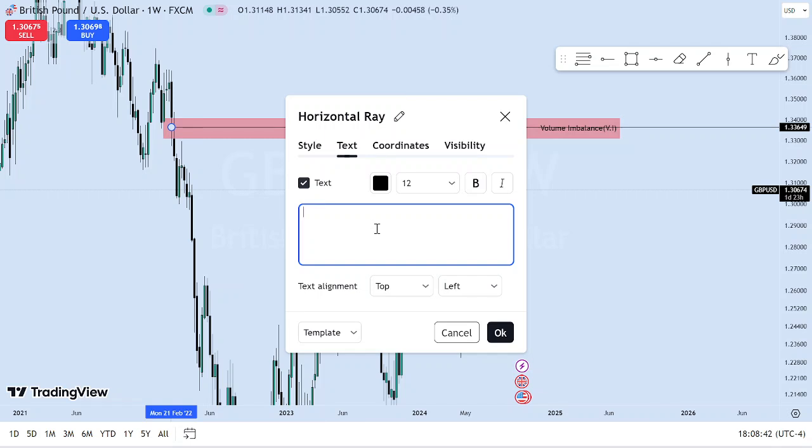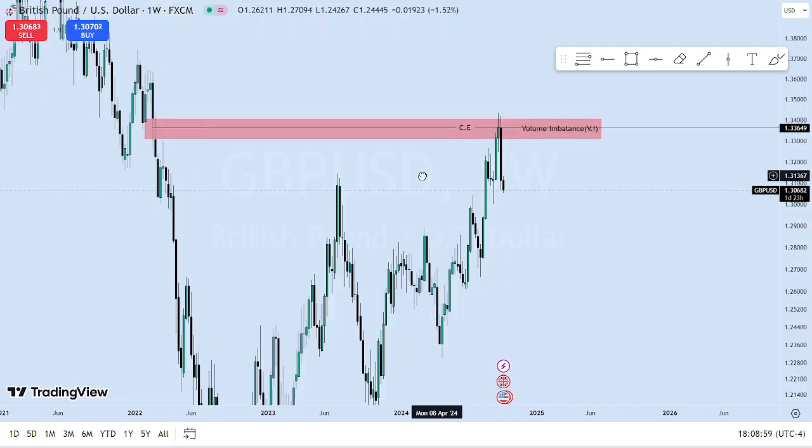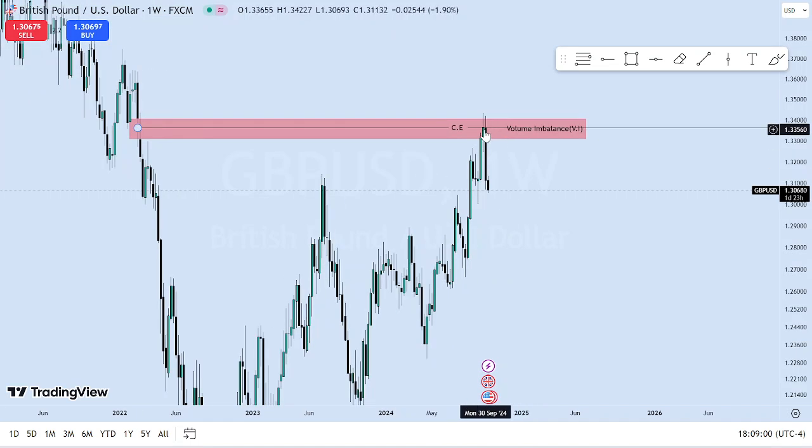Now it's a major resistance, the half of the volume imbalance, the consequent encroachment. That's 50% of this volume imbalance, this inefficiency, called consequent encroachment. That's where the body stopped.